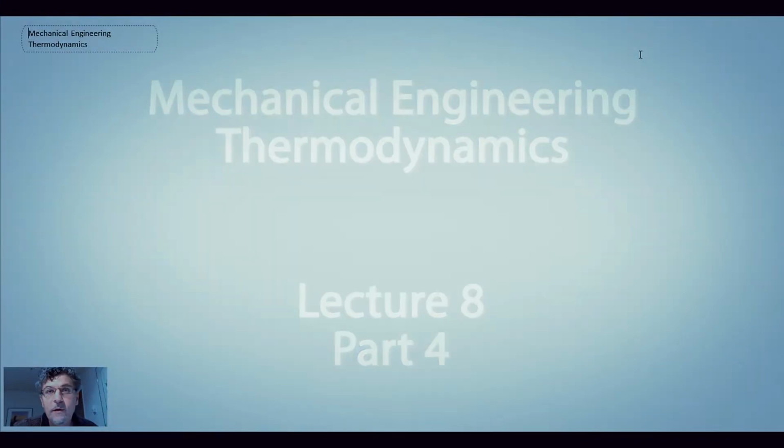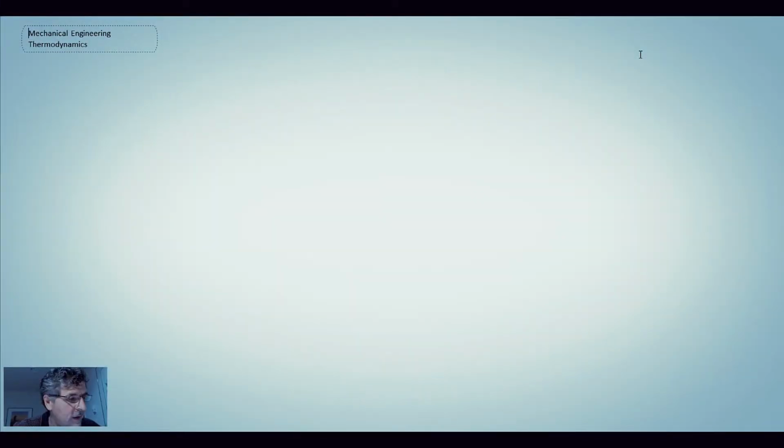So the first thing that we're going to do with the Gibbs first and second equation that we put into differential form is we're going to apply it to calculate entropy of liquids and solids.